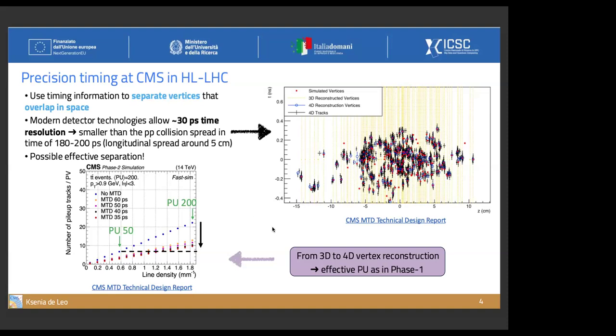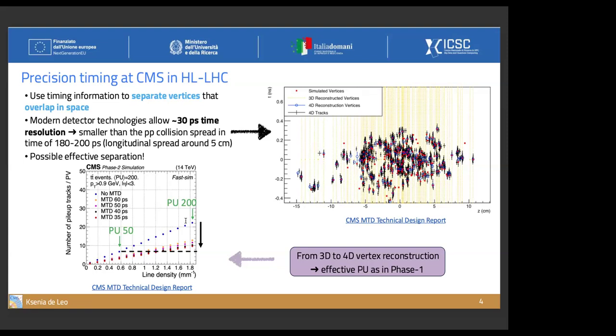This means that if we move from the 3D vertex reconstruction to the 4D vertex reconstruction, the effective pileup contamination that we will have will be reduced. This can also be seen in the figure on the left-hand side, where you have the number of pileup tracks per primary vertex.